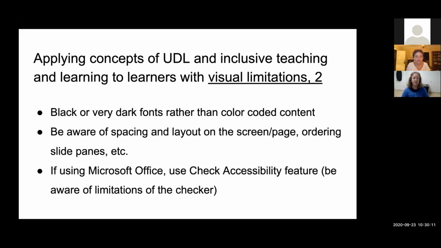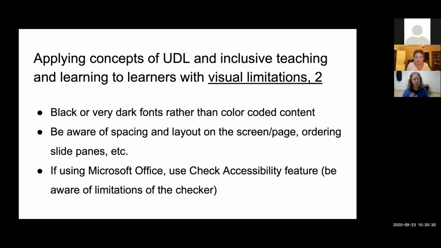Also be aware of spacing and layout on the screen or on the page. Again, making sure things are not too crowded on the page and that things are structured in a way that a screen reader will read it from top to bottom or with tabs to get through the content.